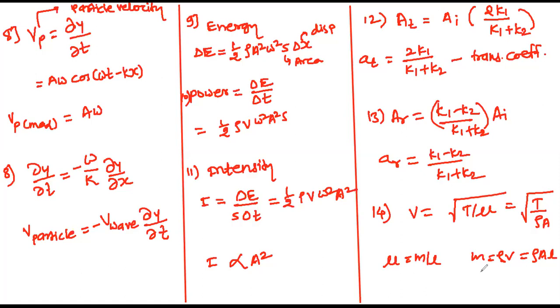Okay, next is 15. So here it is the 15th formula. V is equal to under root of mg into (1 minus σ by ρ) divided by μ. You have to use this formula when the body is dipped into the water. Next formula, 16th number.